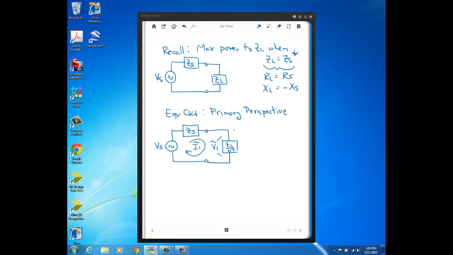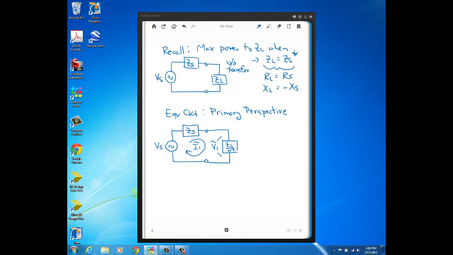We can also use this equivalent circuit from the primary's perspective to find what condition we need for max power when there's a transformer. See, this here that we did earlier in the quarter was without a transformer, because we didn't even know what a transformer was at that point.